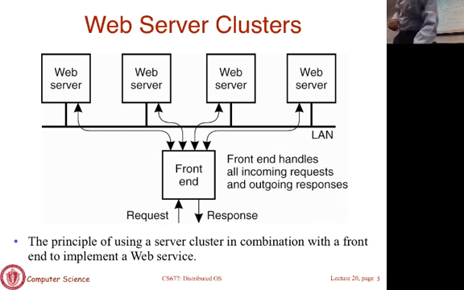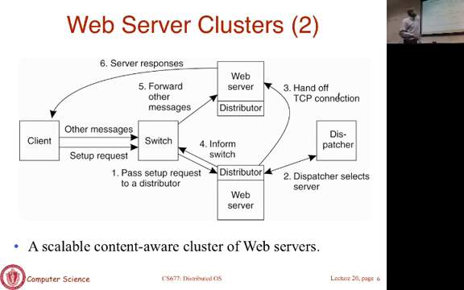So here is another peek at this switch that I was talking about. It is itself not one but multiple components. There is a switch, which accepts an HTTP request. And then there is what is called a distributor, and there's a dispatcher.